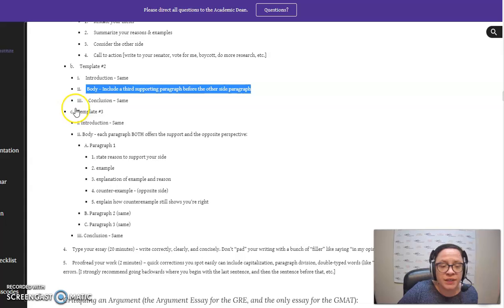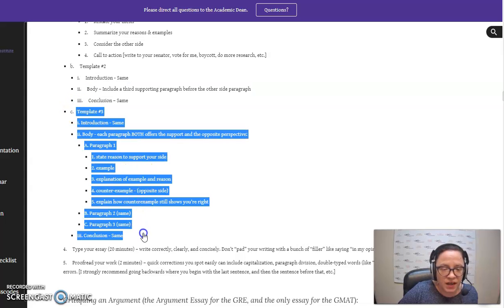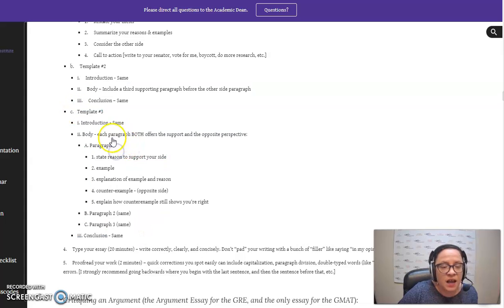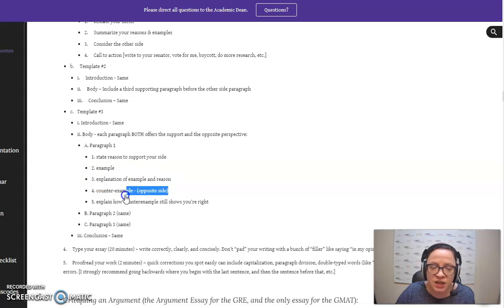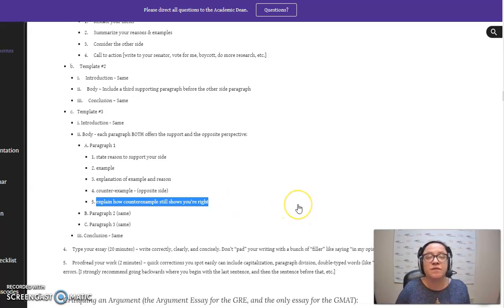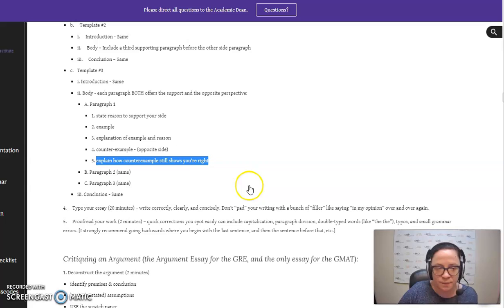The third template for the argumentative essay instead has each of the body paragraphs follow a similar pattern, stating a reason to support one side, an example, an explanation, a counterexample, and then a final explanation of how even the counterexample still shows that the author is right.